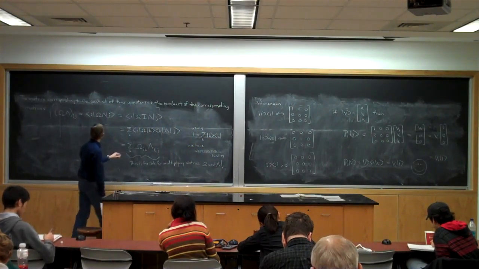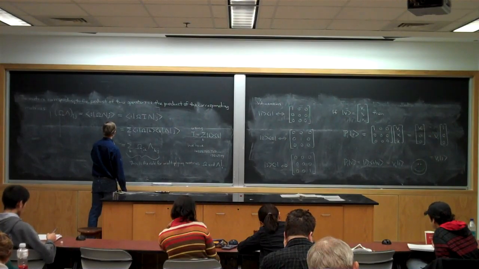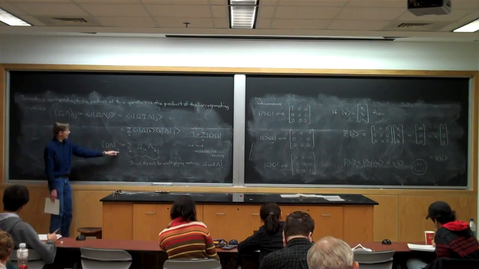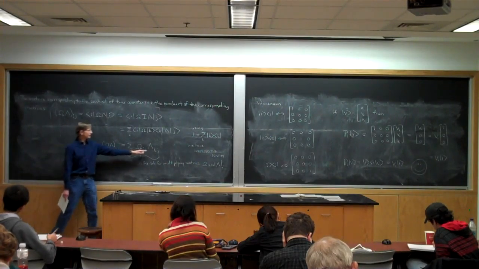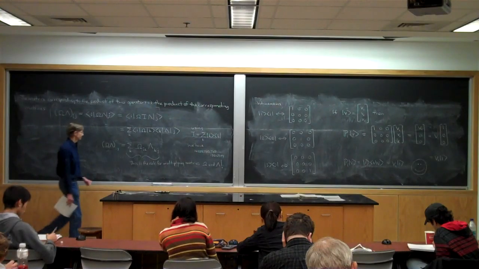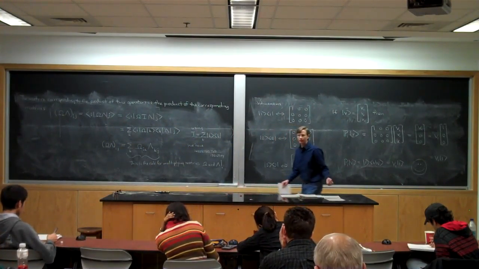This is the summation form of the rule for multiplying two matrices together, that the ijth element of the product is this summation. So we have completed the proof.